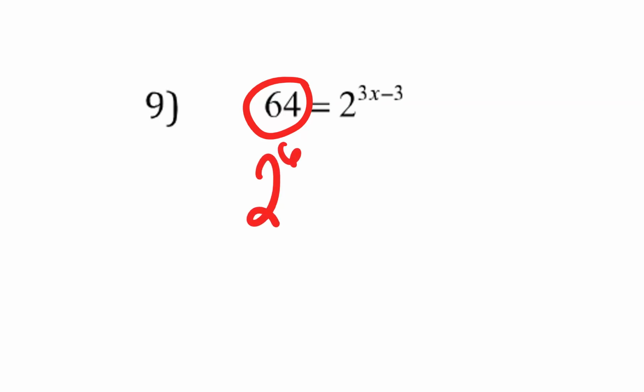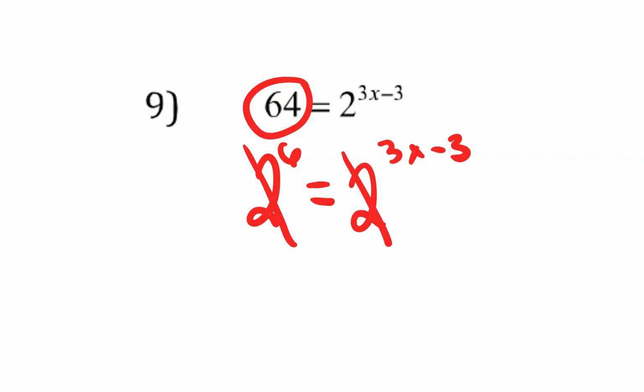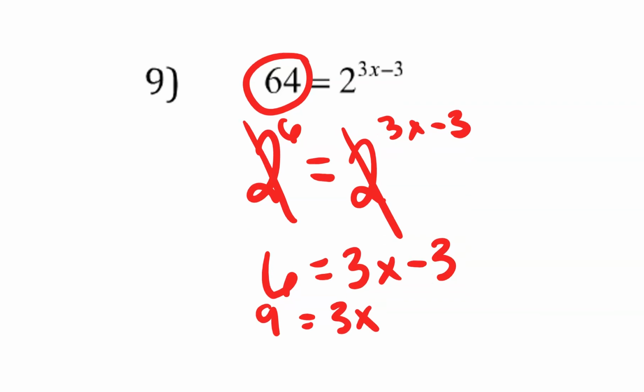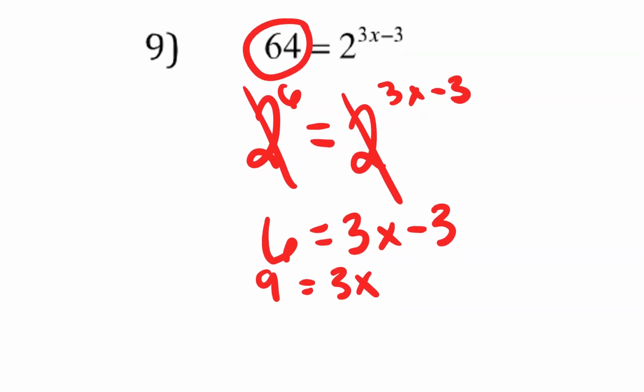So 2 to the 6th power equals 2 to the 3x minus 3. Now that we have the same base, those bases can cancel out, and we're left with just 6 equals 3x minus 3. Add 3 to both sides, 9 equals 3x. Divide by 3, and x equals 3.